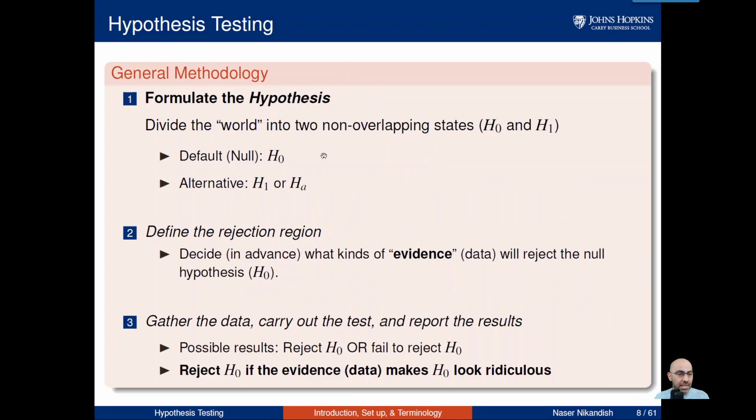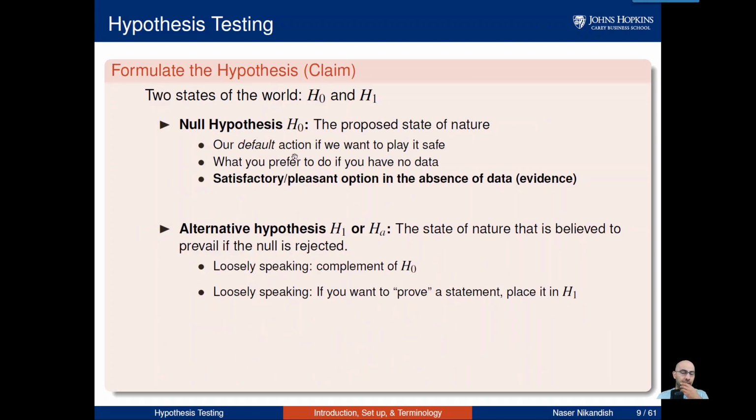Now, the very first step is formulating the hypothesis. Again, the null hypothesis is our default. If you don't have any data, what do you prefer to do? In other words, it is the satisfactory option when there is no data. And what is H1?